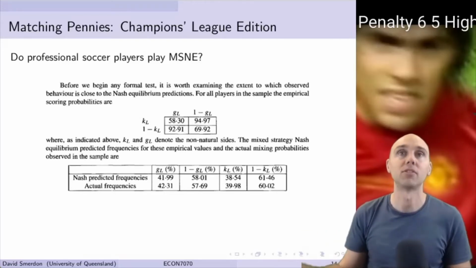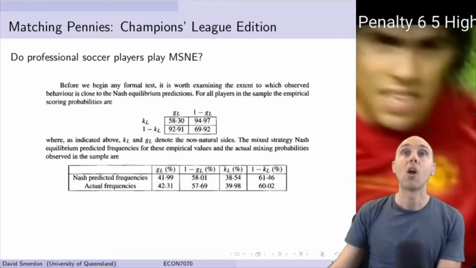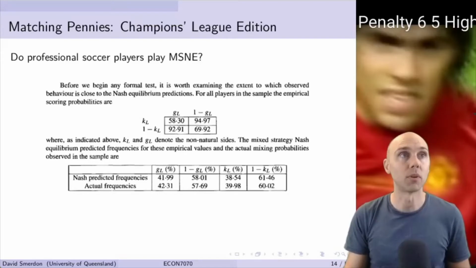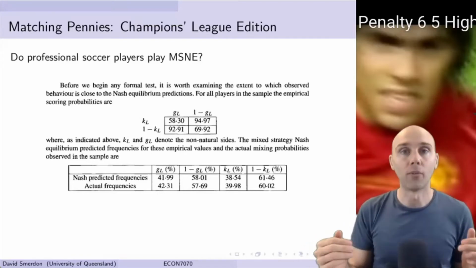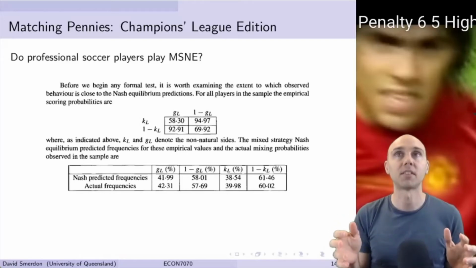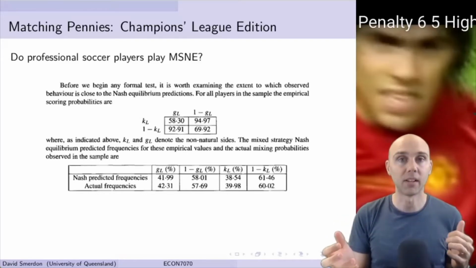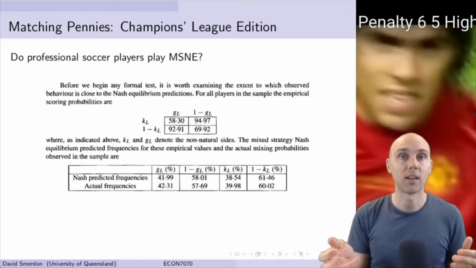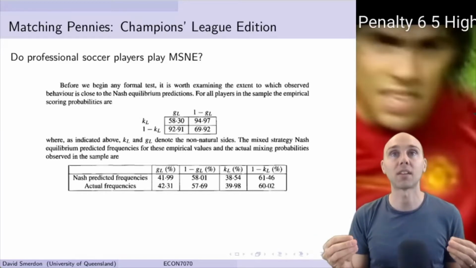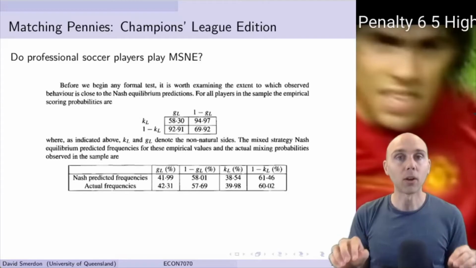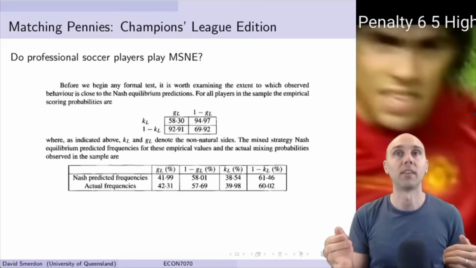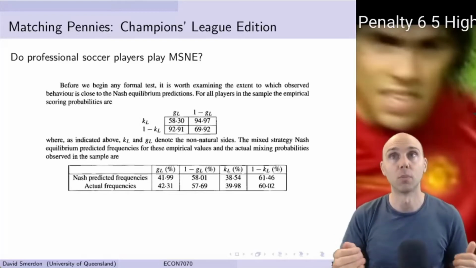Same for the scorers. Well, what these researchers did, they took a lot of data from penalty shootouts in the Champions League, in the Premier League, in the Bundesliga, German soccer league, and they looked at the theoretical predictions about what the mixed strategy proportions should be.